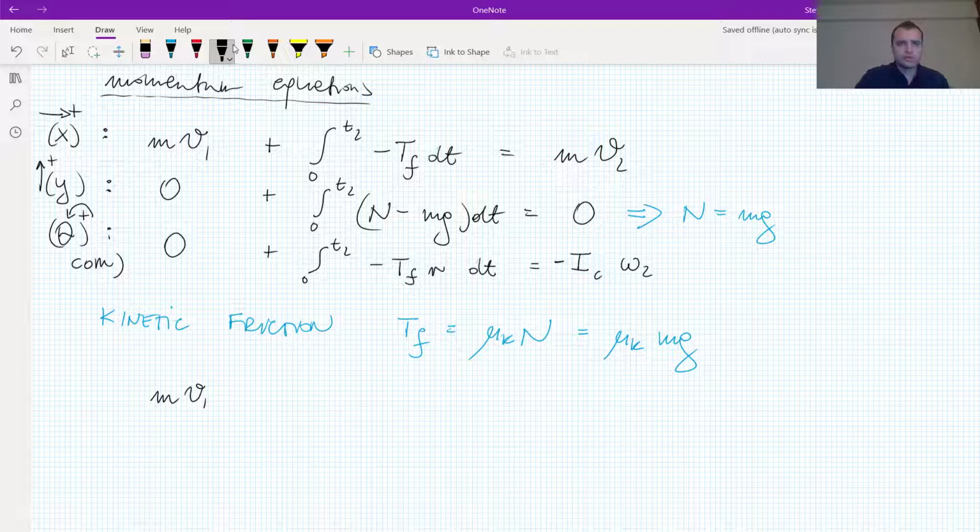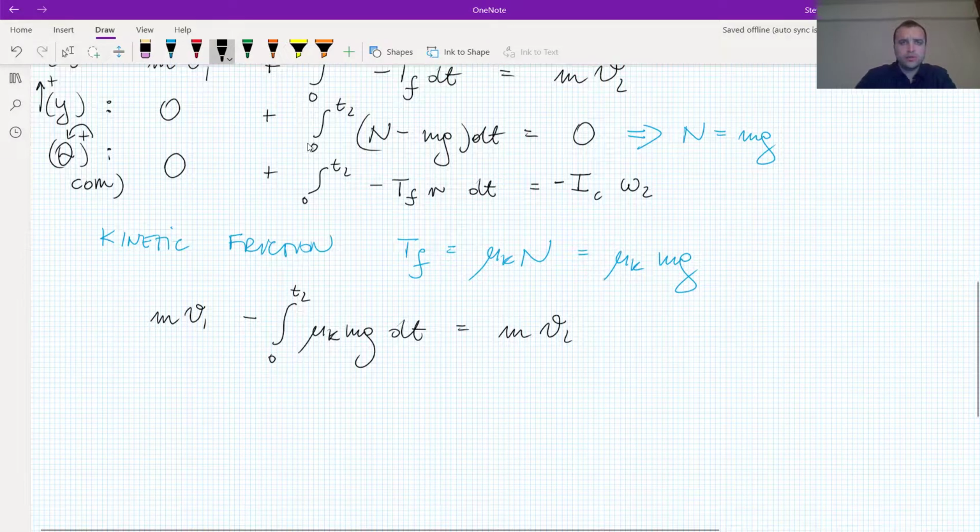So we can now rewrite these two equations, because we will have mv1 minus integral from 0 to t2 of mu k mg dt, and this is equal to mv2.